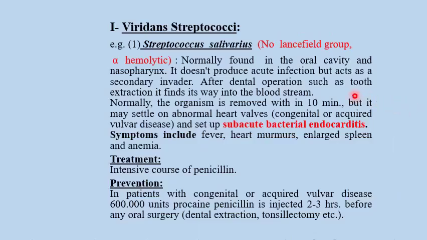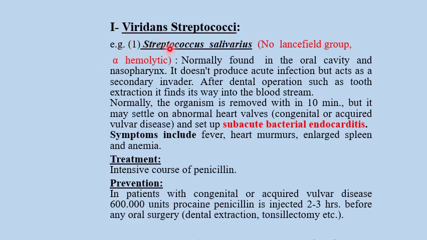First, we're going to take the viridans group, Viridans Streptococci, which has no Lancefield group as we saw from the table, and it is alpha hemolytic or variable, as we said.